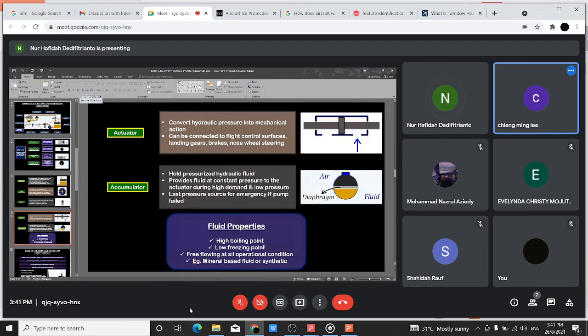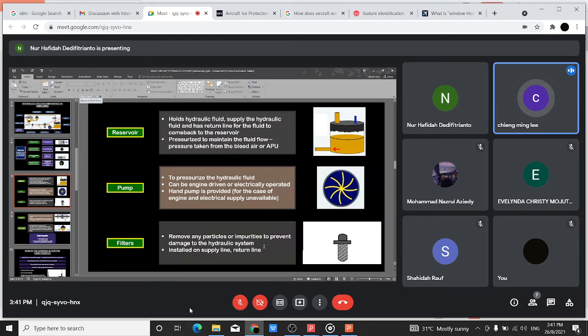Before we go there, anybody can tell me how we measure the filter? This means the filter is made of mesh, right? So if I want to buy a filter that can prevent more debris, what is the measurement there?